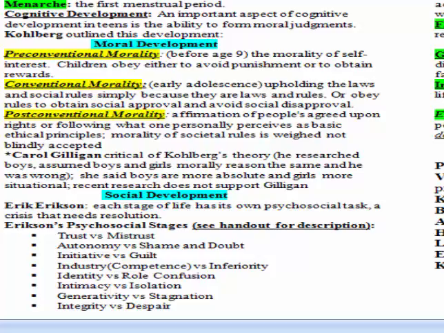It says morality of social rules is weighed, but not blindly accepted. What this means is you're not just going to follow along with rules or laws because of that. Instead, you might believe that there are higher ethical or moral reasons to do things. So you might go against society's rules because you believe it's in the best interest of others. You also aren't really putting your own personal interest into this at all.